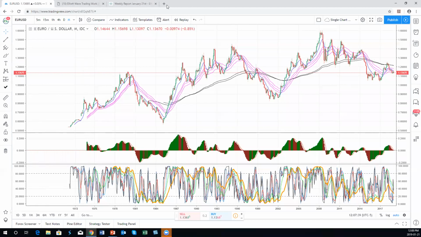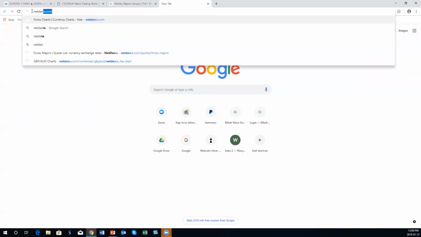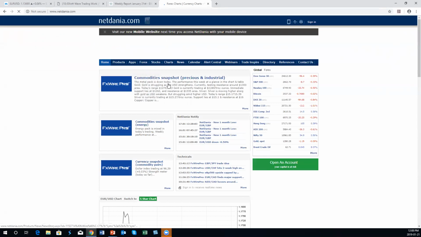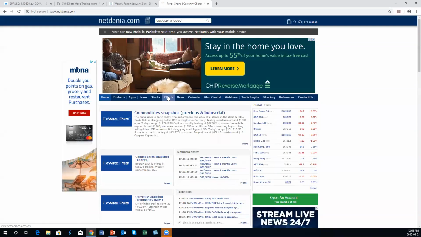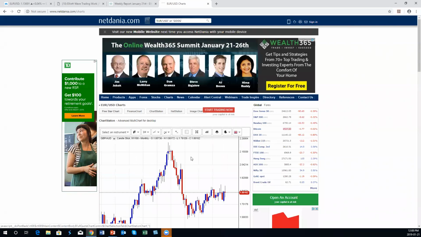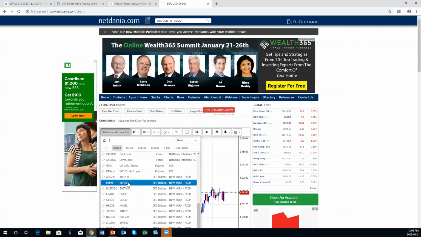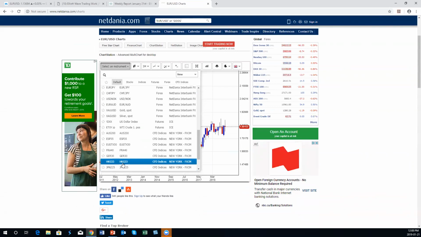But if we go to DailyFX, they have it as well, or NetDania, netdania.com. They also have historical data. If we go to charts, select an instrument, let's see the instruments that they have. Okay, so they have some stock indices as well, and CFDs.